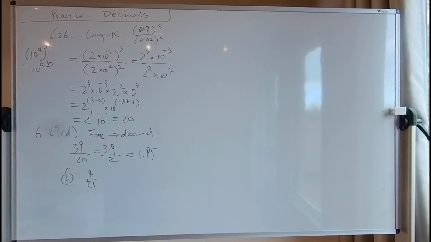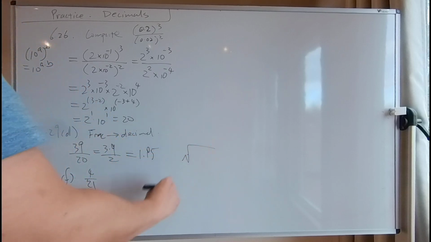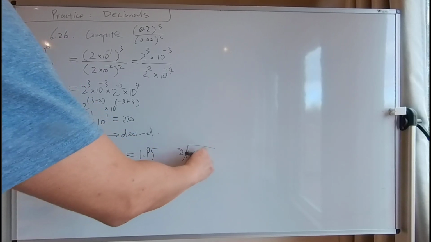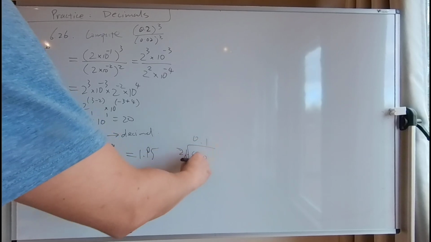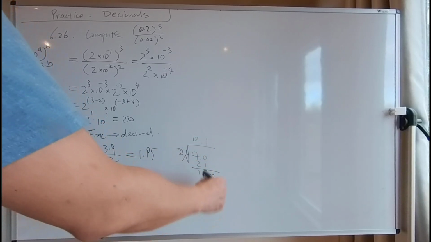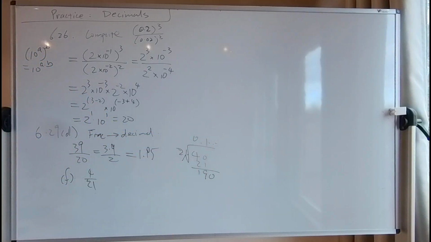So the only way you can do is to do the long division to find the answer. You need to divide 4 by 21. We'll start from 1, 21, 1, 9, 0, and it will keep going. I'll leave this detailed calculation for you.